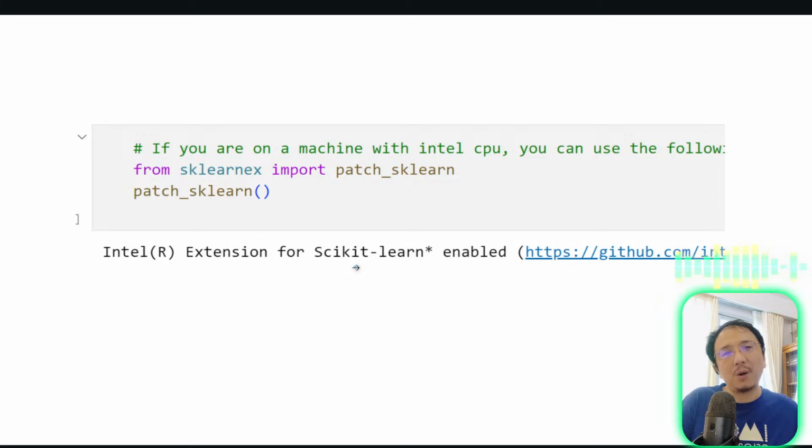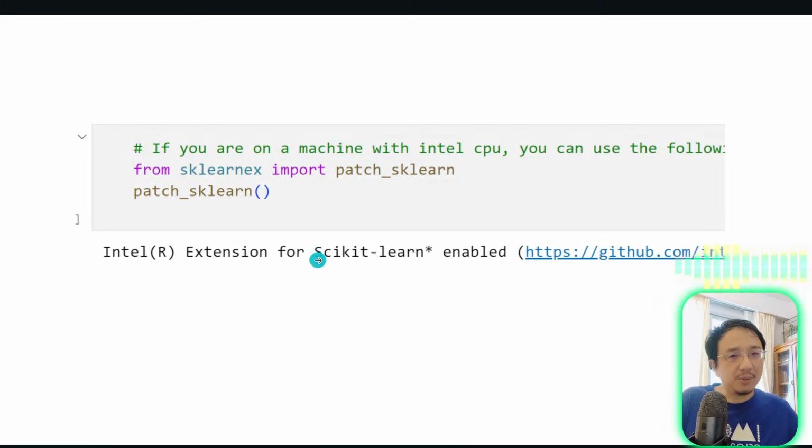We have probably almost done nothing right here. After you run this cell, you only see this information. This one is only for acceleration. If you are using an Intel CPU, by running this line, it will patch the whole Scikit-learn library to make it run much faster.